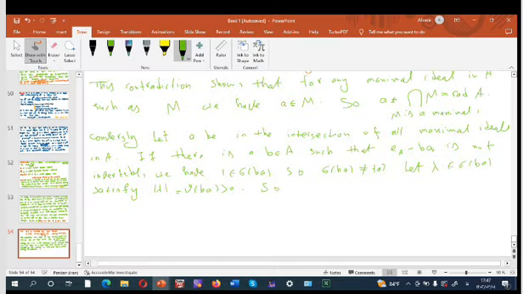So lambda EA minus BA is not invertible by this, okay.